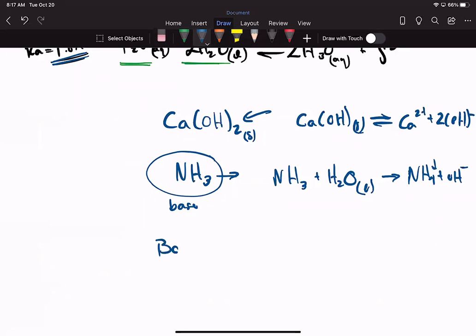Let's say I gave you this, and I asked you to calculate the molar solubility. Well, recognize molar solubility means that I'm going to have some kind of solid, so this is probably my solid, and I'm going to have to break this up.